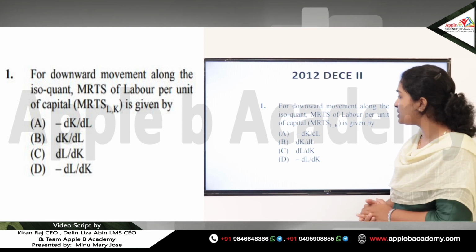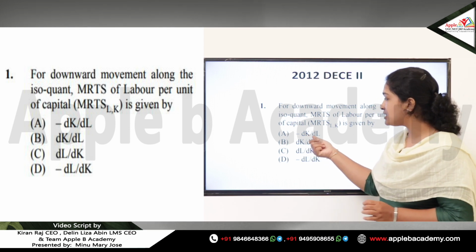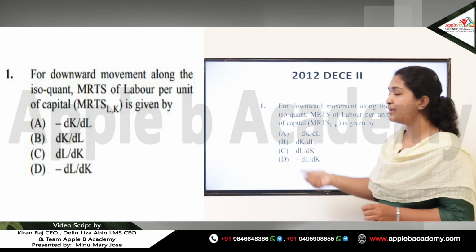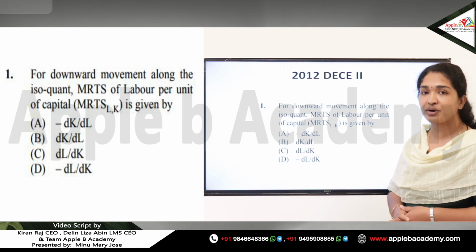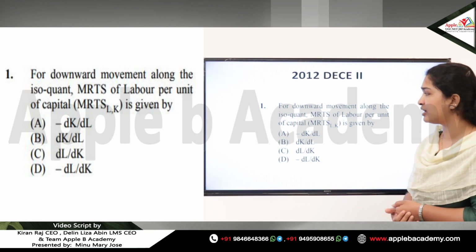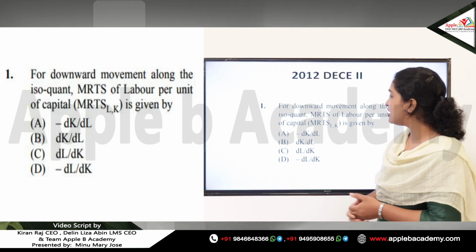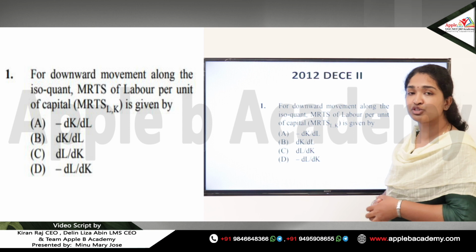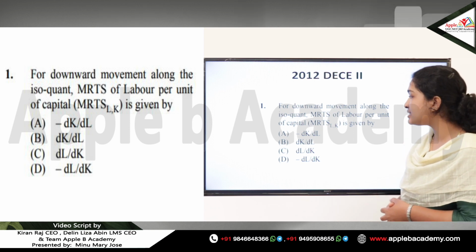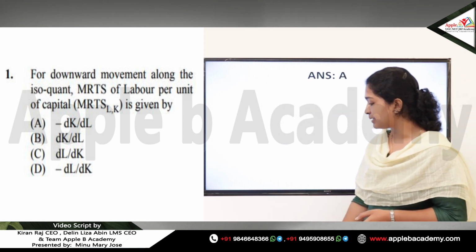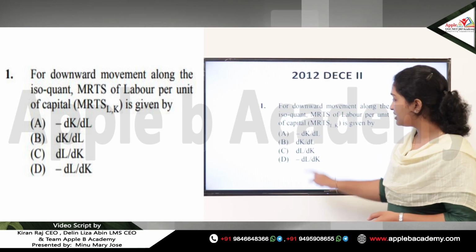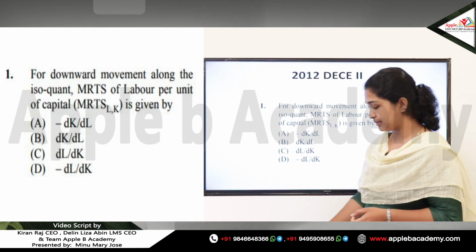So the answer for this question is option A, that is minus dk by dl, the minus showing the negative slope of the isoquant curve. So minus dk by dl gives us the marginal rate of technical substitution of labor for capital, MRTS LK. Answer is option A, that is minus dk by dl.